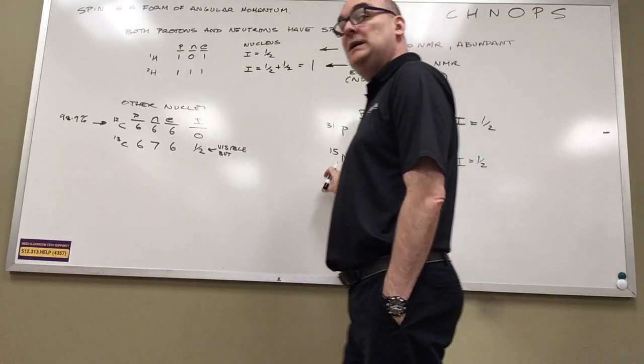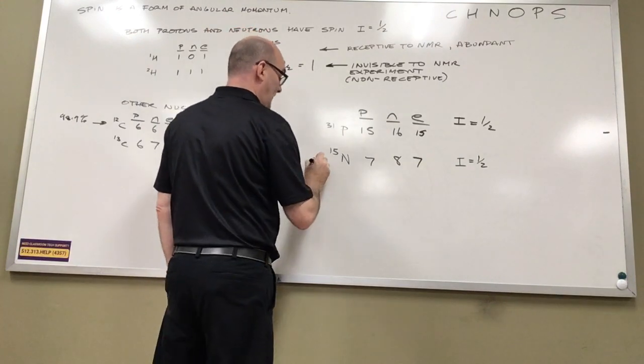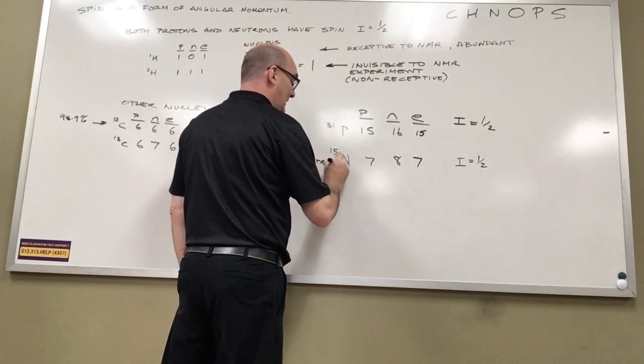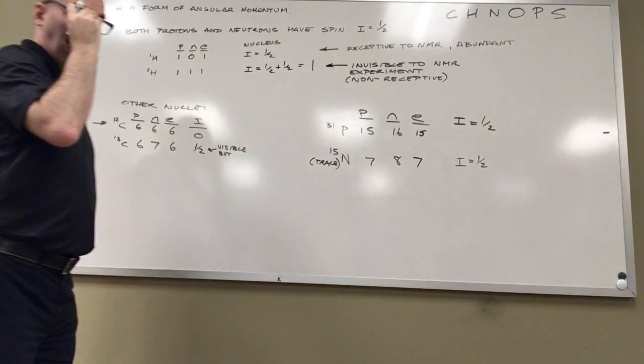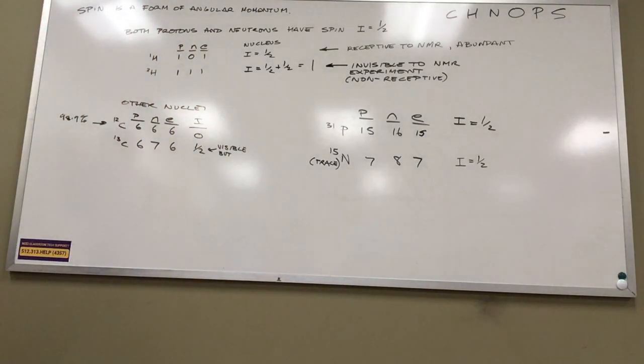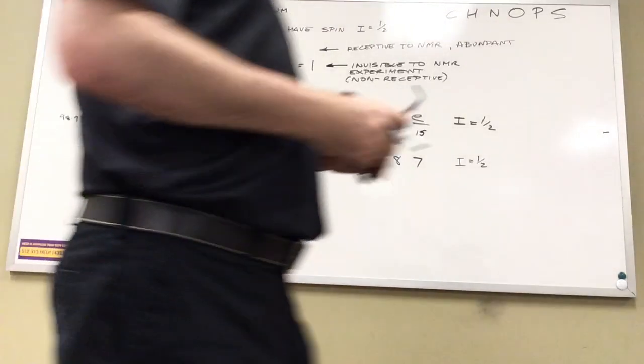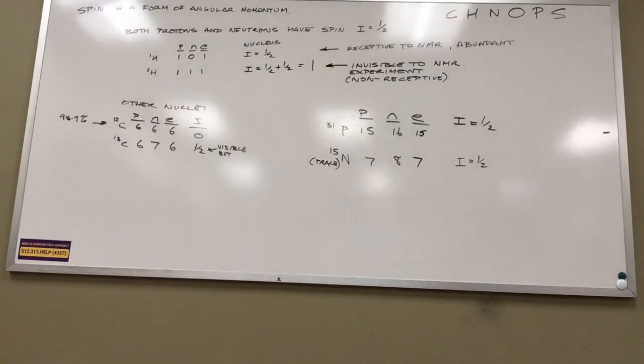But there's very little of this around. Very little. If you were to try to do a nitrogen 15 experiment on the naturally abundant nitrogen that is inside your molecule, you might be there all day. And you can't be there all day because everybody else needs to use the instrument, which means you would be there all night.